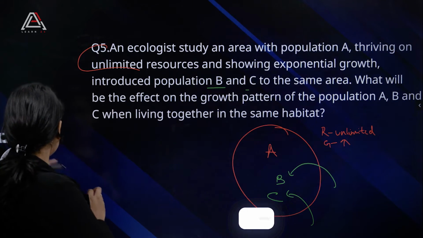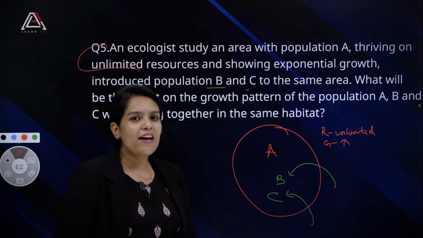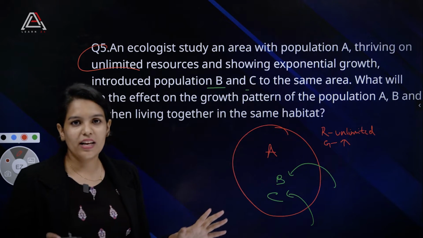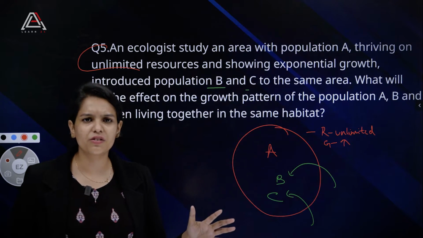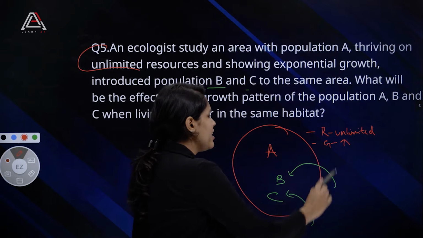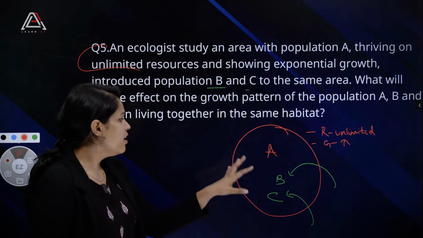Now A was having a lavish life, right? A was having unlimited resources, and they were growing exponentially. Fine.